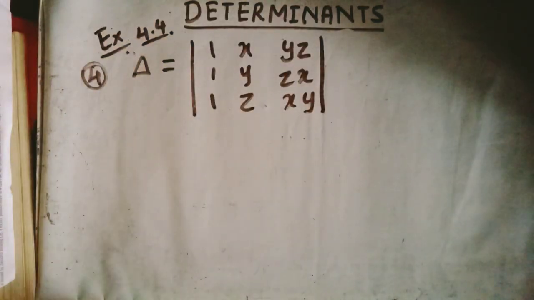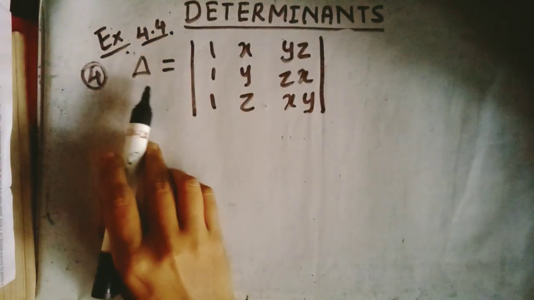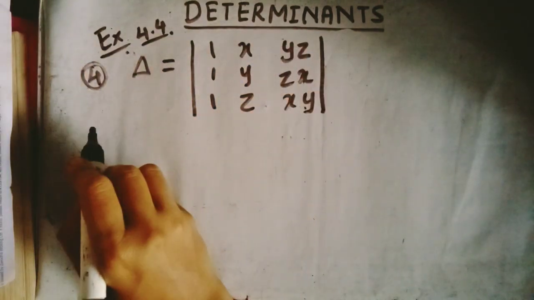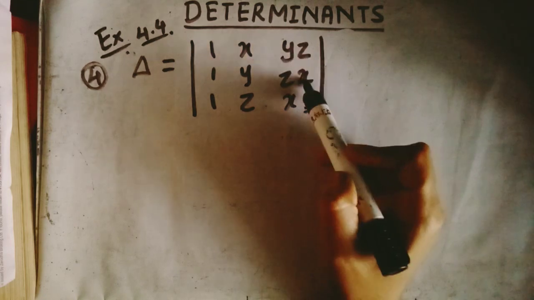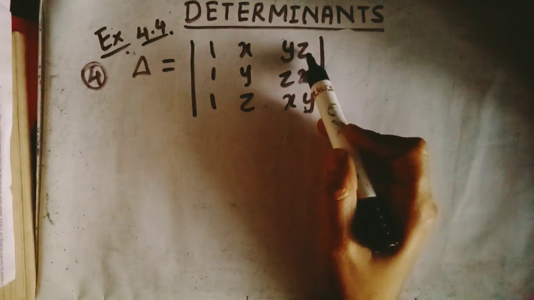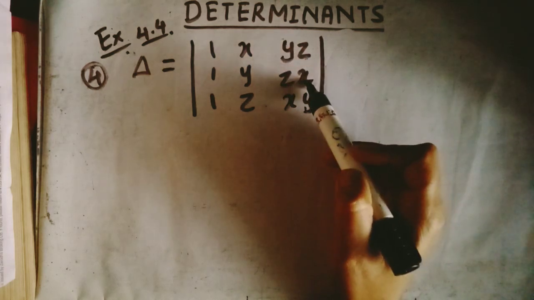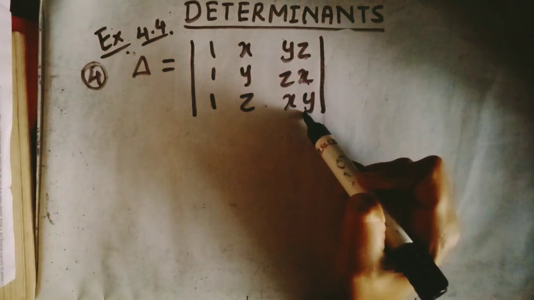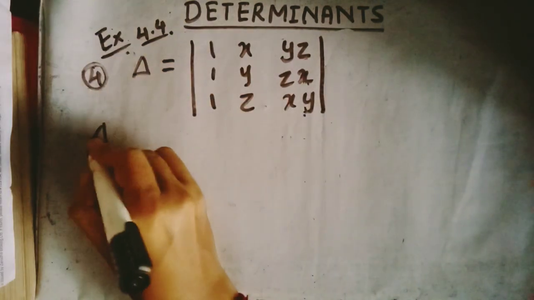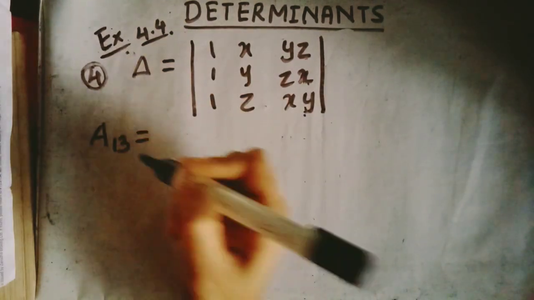Okay, so using third column, so this column you have to use. So first you find out the cofactors along this column. So this element is A13, A23 and A33, right?